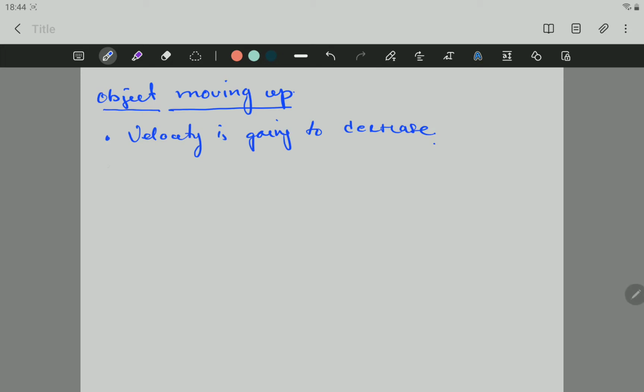Okay? Second, the velocity at the maximum height is going to be 0 meters per second. So when the object reaches the maximum height, the velocity is 0 meters per second.